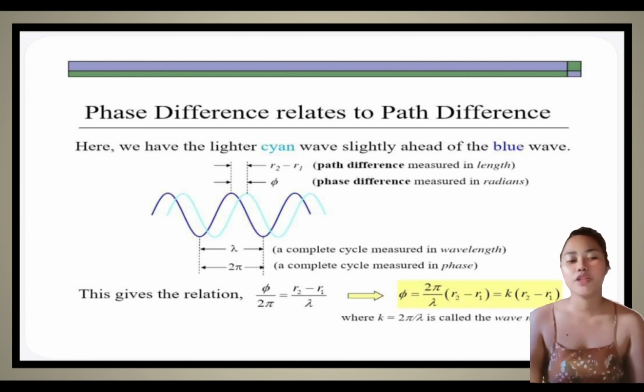This gives the relation phi equals 2 pi over wavelength times the path difference, which equals k times the path difference, where k is equal to a complete cycle measured in phase divided by a complete cycle measured in wavelength. So k is also called the wave number.